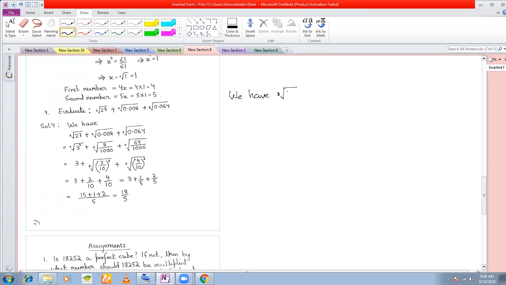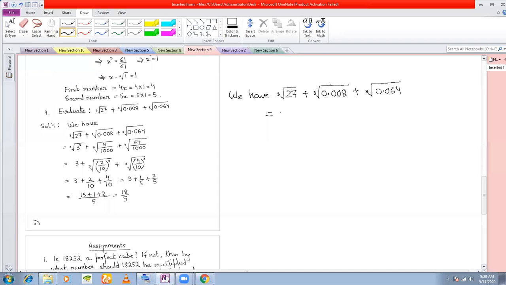cube root 27 plus cube root plus cube root. Okay, you need to find the value of this or evaluate this. So what you have?